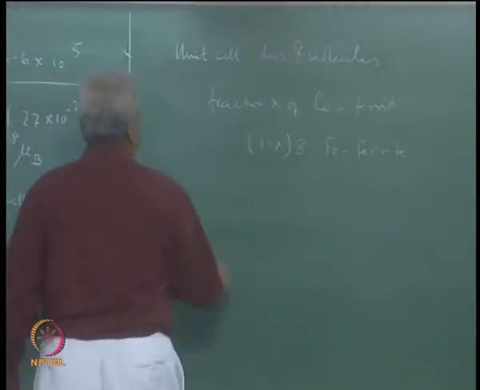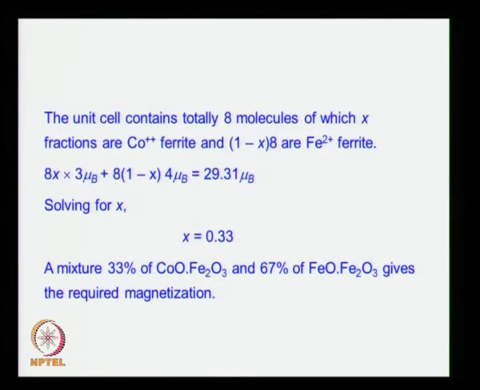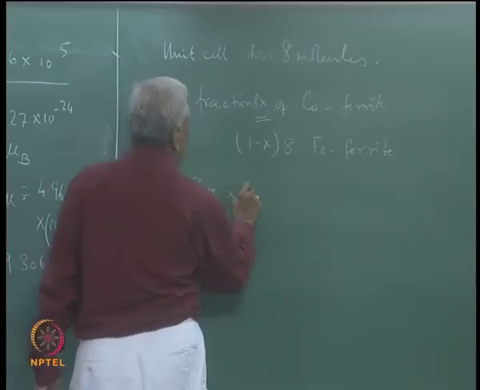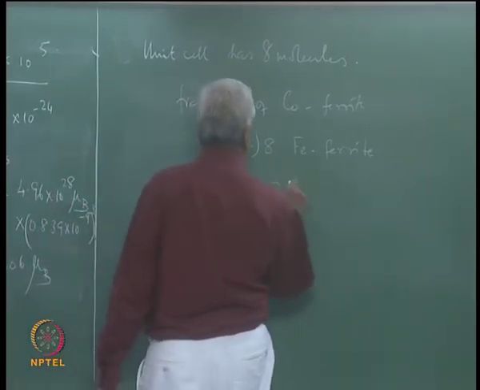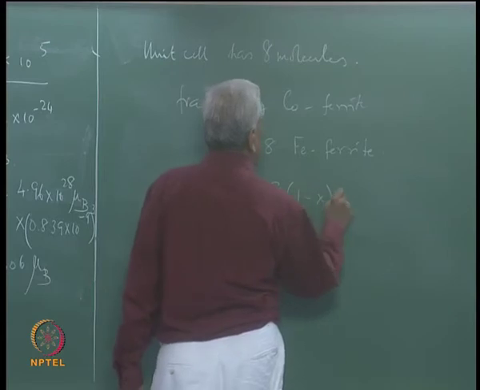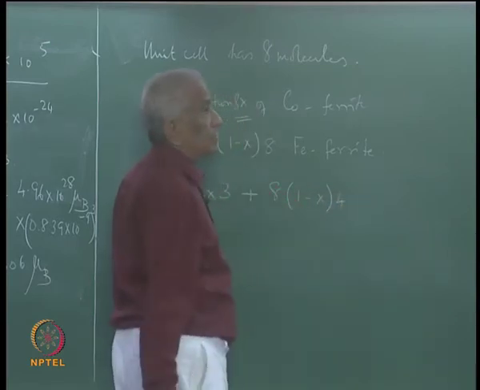So, we have 8x times 3 Bohr magnetons plus 8 into 1 minus x times 4 Bohr magnetons.